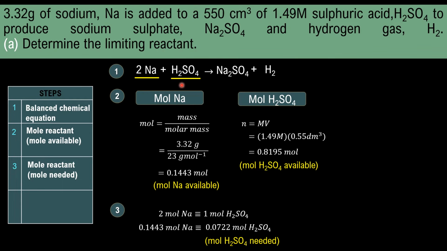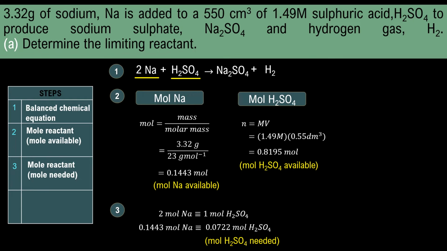So, maksudnya situasi kita sekarang, kita ada sodium sebanyak 0.1443 mol dan kita pun juga ada H2SO4 sebanyak 0.8195 mol. So, untuk membolehkan keseluruhan 0.1443 mol sodium ni bertindak balas, kita memerlukan H2SO4 sebanyak 0.0722 mol.